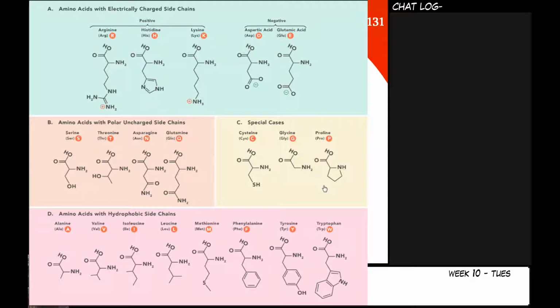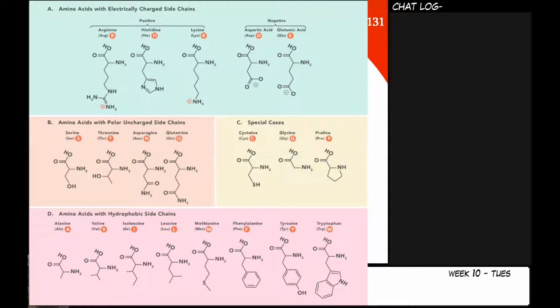I just tell it, okay, give me alanine, and it does that. Then I paste that into my document, and I upload that to Canvas for the quiz. So you might get a structure where these are just spun around in some random orientation, and it's up to you to recognize what the R group is and where the amine end is and where the carboxylic acid end of the protein is.